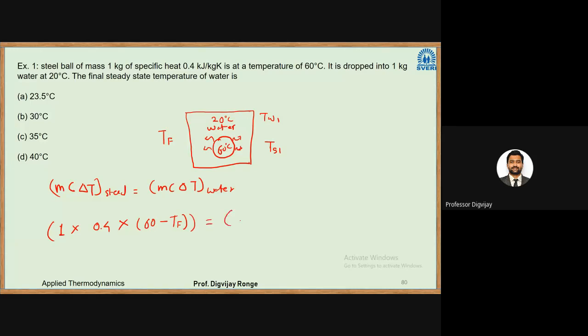This will be equal to the mass of water, here 1 kg, into its specific heat 4.187, into delta T. Its temperature will increase, so I will take TF first because TF is higher, minus 20. So solve this and calculate the value of TF.